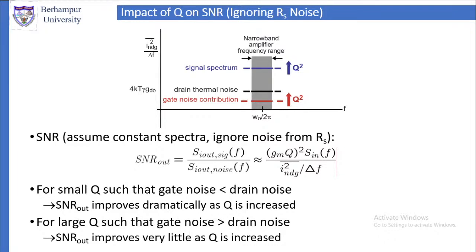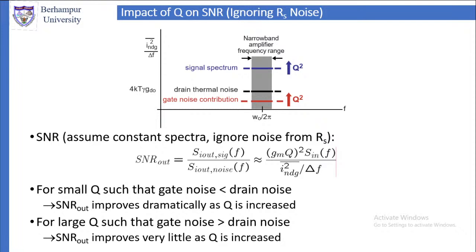The only additional part here is the Q square in blue, which is the signal spectrum. So the signal spectrum is above 4kT gamma gd0, but below the top value, which can be 1 to whatever it is.